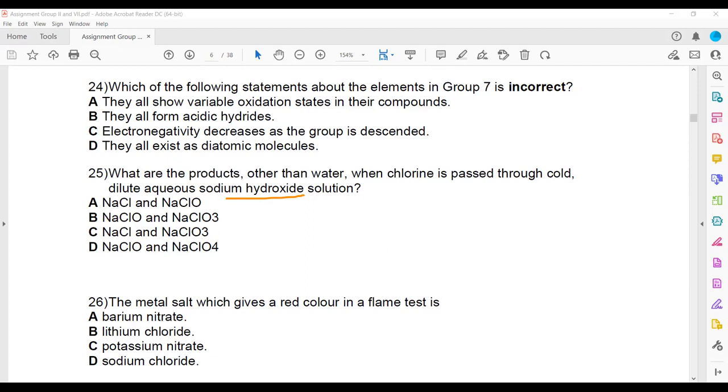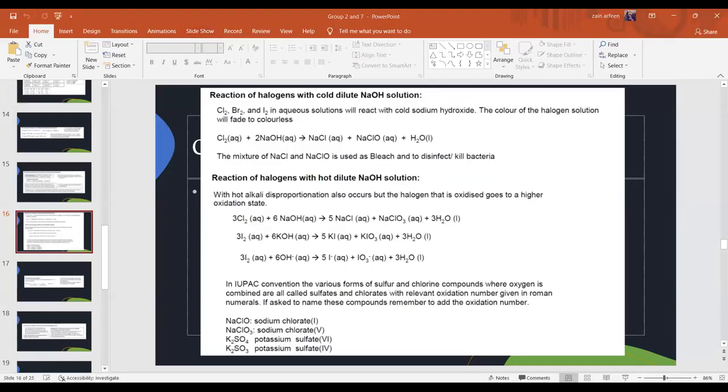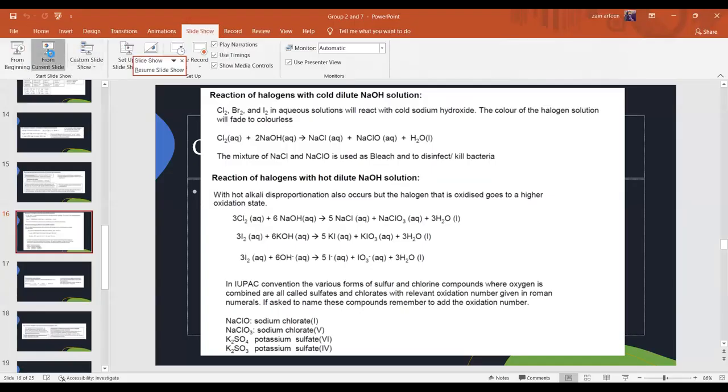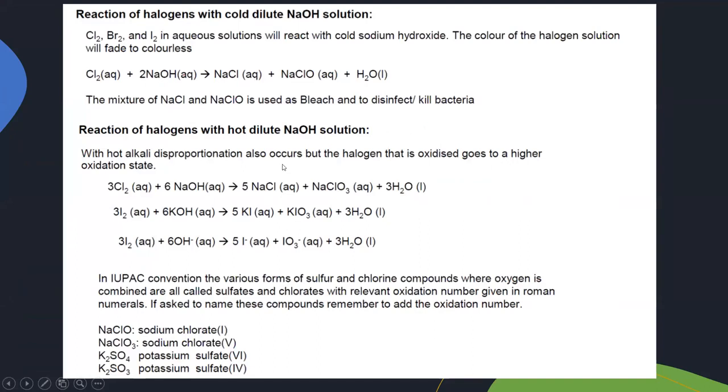So what are the products when we have cold? So this is the reaction of halogen with cold sodium hydroxide.